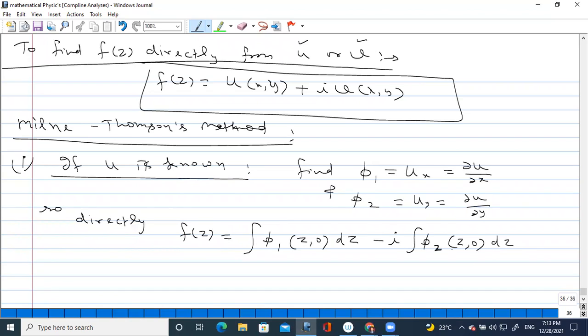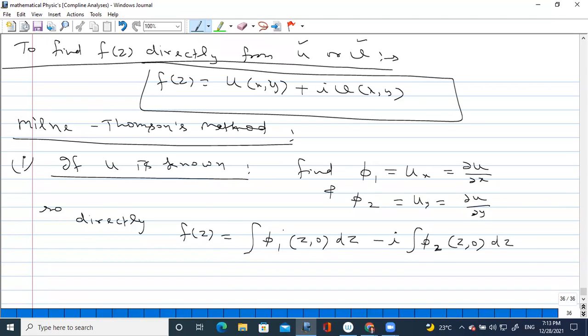So this method you can apply. By this method you can find f(z) directly. No need to go so long, means you will use first Cauchy-Riemann condition, then second Cauchy-Riemann condition, then you compare. This method is also applied if you want to have this method.